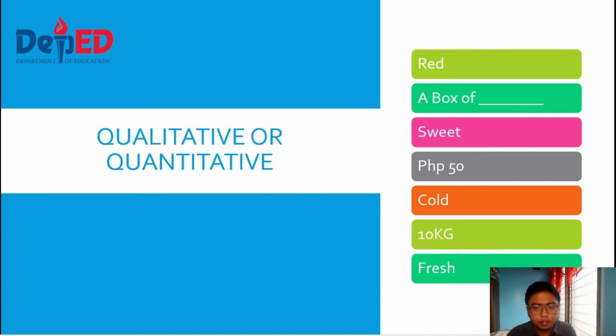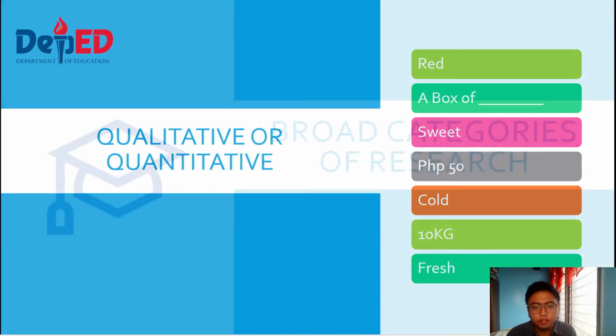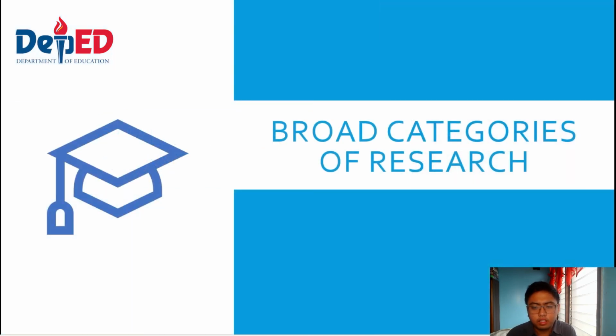If you're talking about a fruit like an apple, red is a color, sweet is a taste, cold is temperature, and fresh is basically the freshness of the apple. Well, when we say a box of apples or 50 pesos or 10 kilograms, these are numerical values for an apple, for example. So it is quantitative.